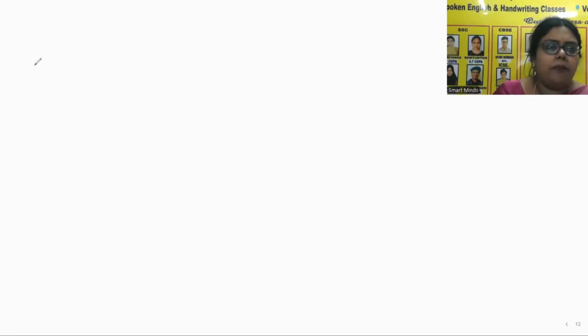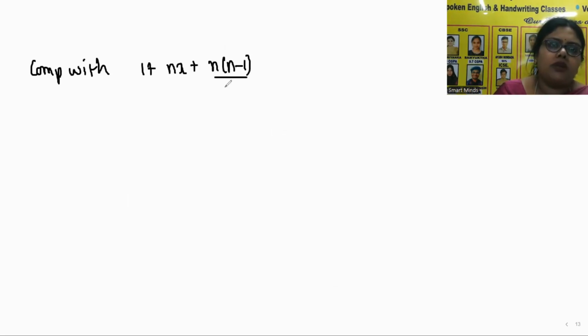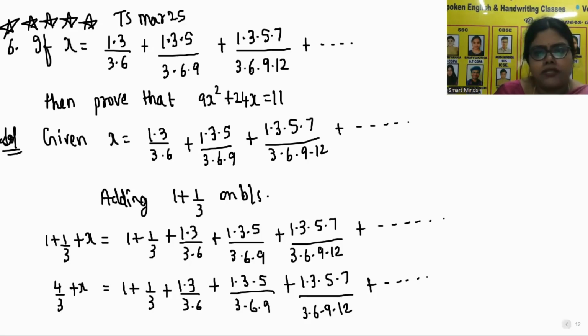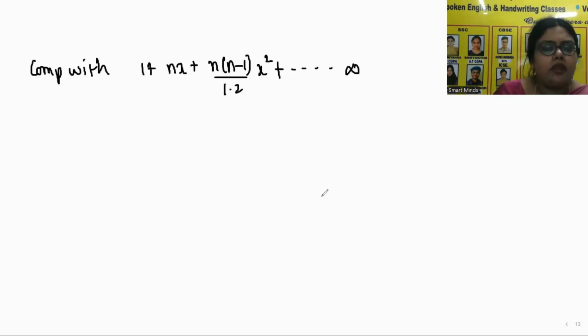Now we need to compare with 1 plus nx plus n into n minus 1 by 1 into 2 x square plus so on up to infinity. You can see that in the place of nx, you have 1 by 3. Take this as equation number 1.